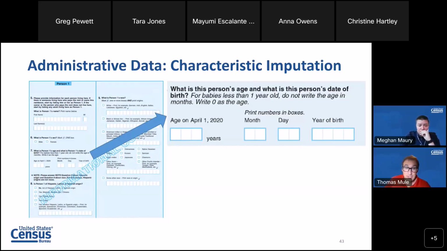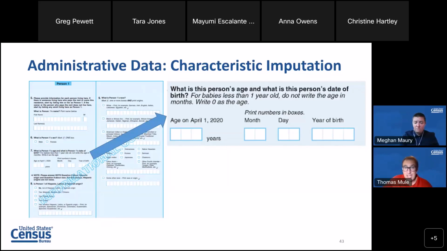When a child is born and is applying for their Social Security number, the Census Bureau was able to get that information delivered to us and use it.